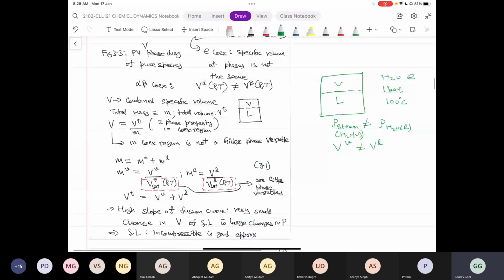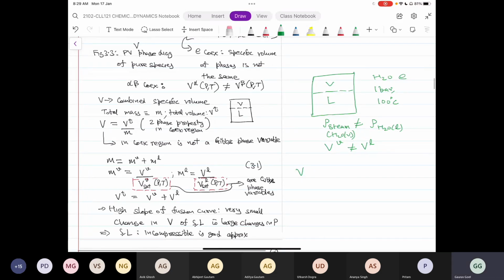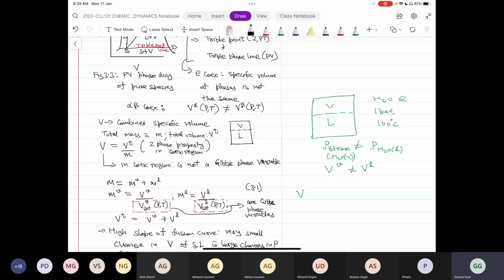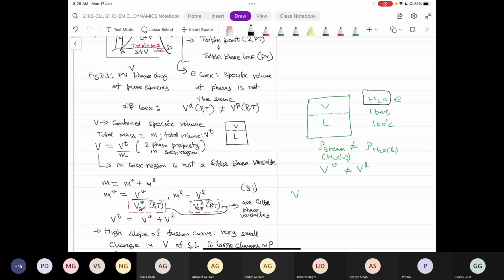However, if you look at equation 3.1, and because I have H2O, a single fluid, what is the F value for this species at coexistence?